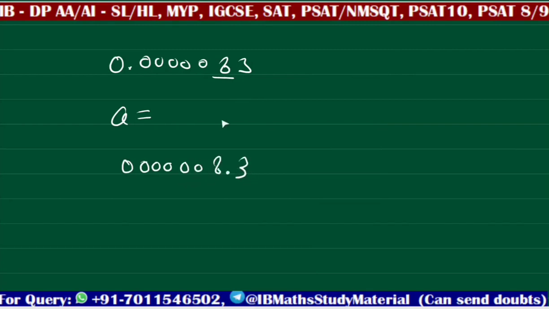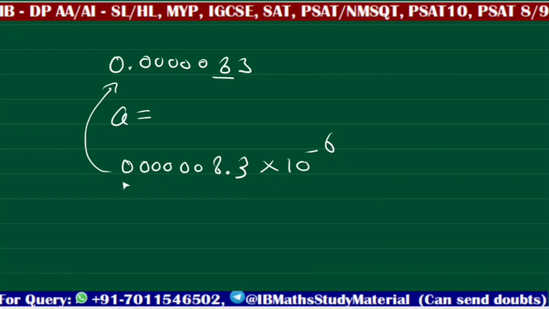So I will write this number as 8.3. Now I have to make this number equal to this. I have to shift my decimal 1, 2, 3, 4, 5, 6, so 6 places to the left. For left I use a negative sign, and for the number of places I use 6.